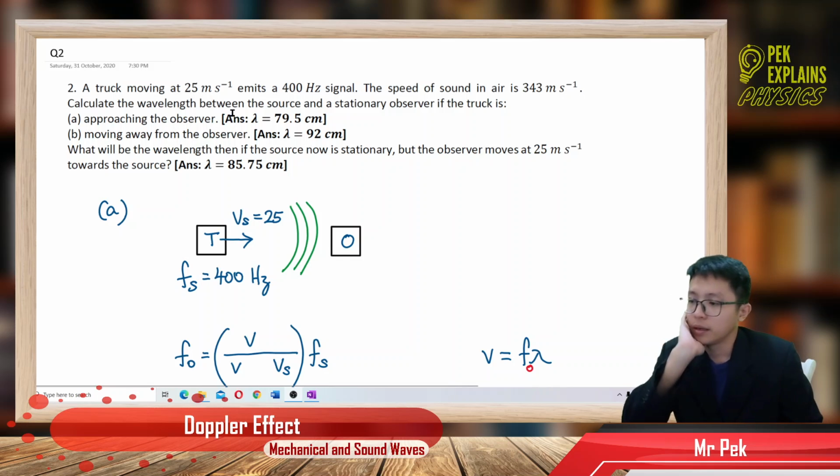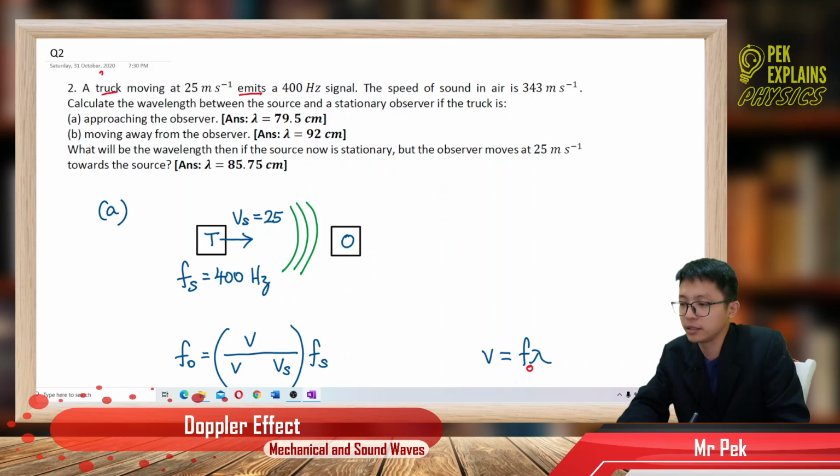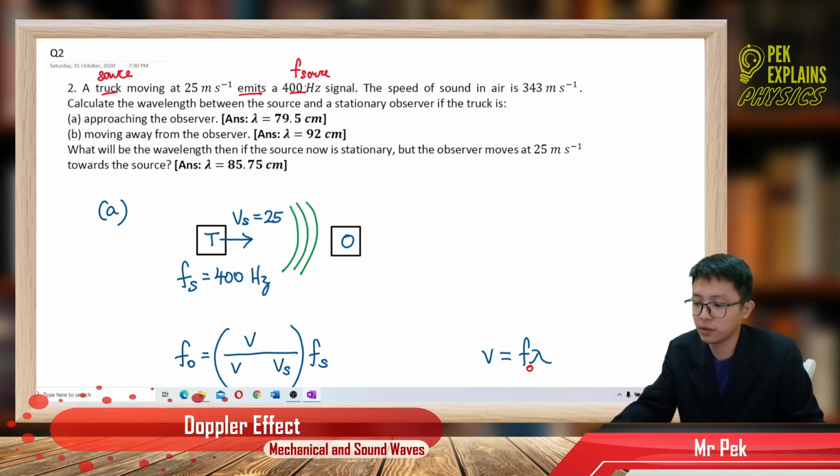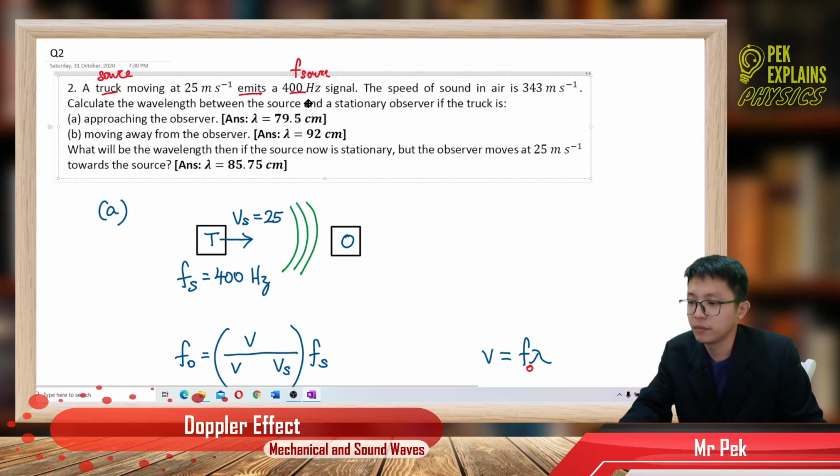Okay, let us identify what information is given. The truck emits the sound, so the truck is the source. The 400 Hertz is the frequency of the source.